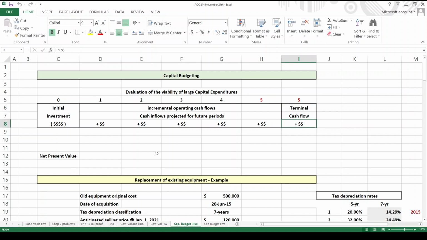So first thing we have to do is figure out what all these cash flows are. Then we want to figure out the present value of these cash flows which are out in the future. You, of course, being a star corporate finance student that you are, realize that these dollars out in the future are not worth as much as these dollars over here.